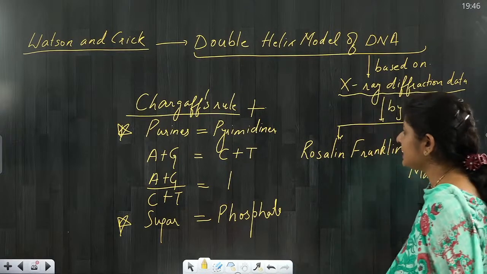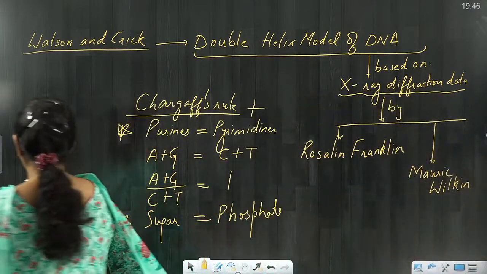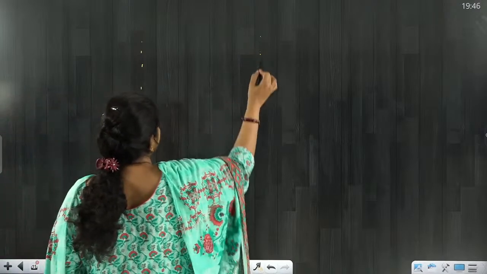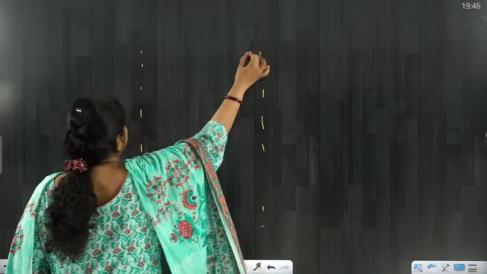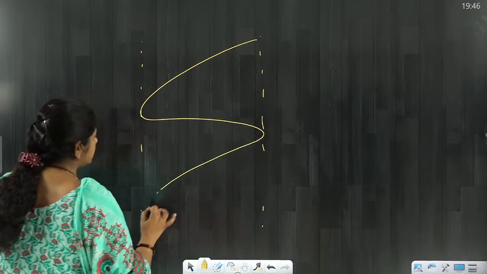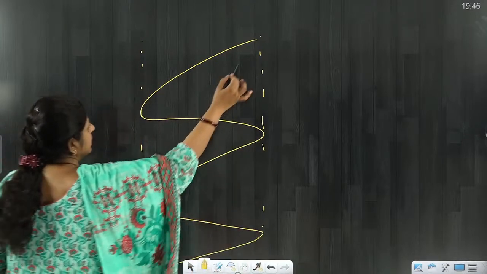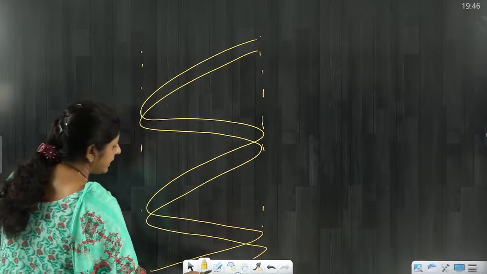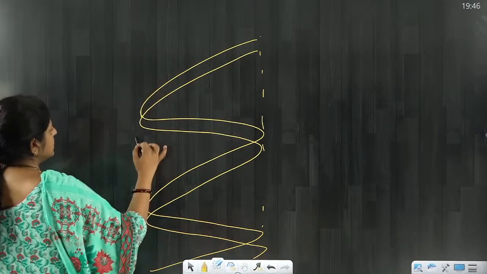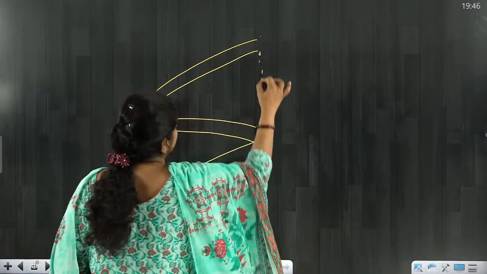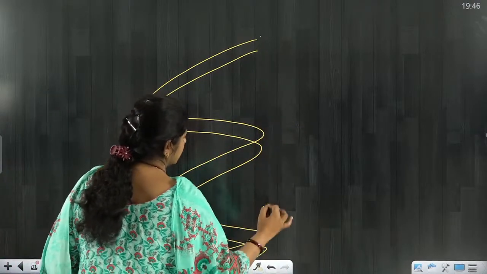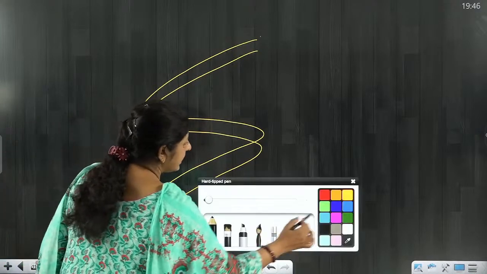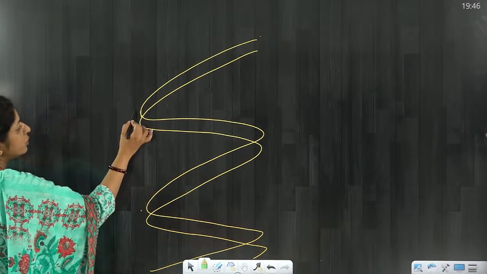Let's check now its salient features. To figure out its salient features, I am taking the double helix structure of a DNA like this. Roughly I am drawing that and erasing this part out. Now when you see such a structure, you will find it is having two grooves.